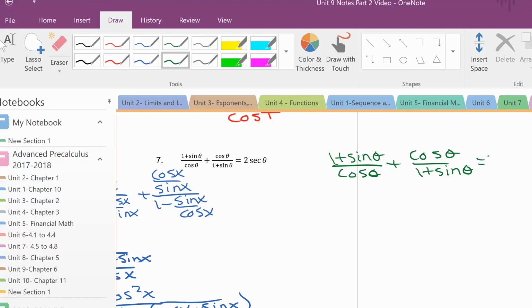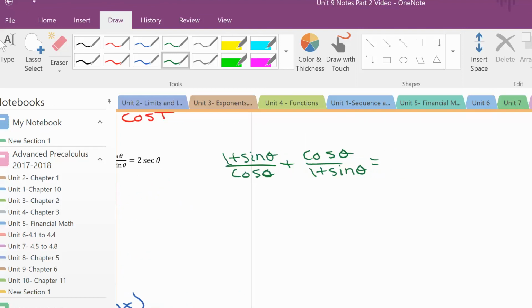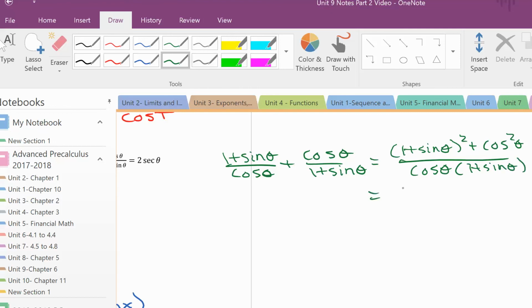So it's equal to, now I got to get a common denominator. So I got 1 plus sine theta squared plus cosine squared all over cosine theta times 1 plus sine theta when you get a common denominator.